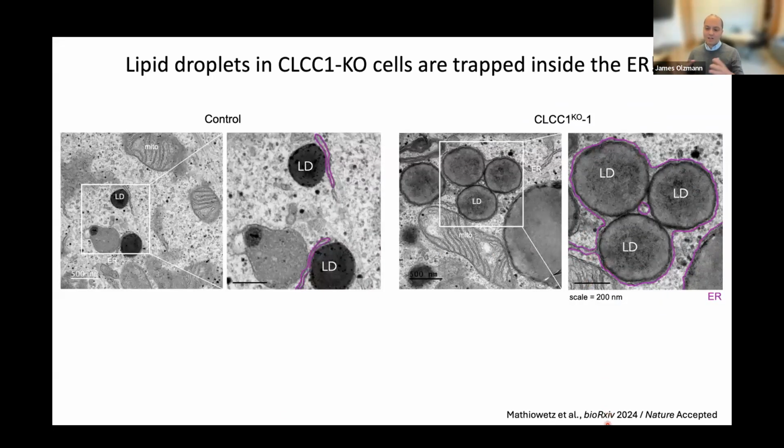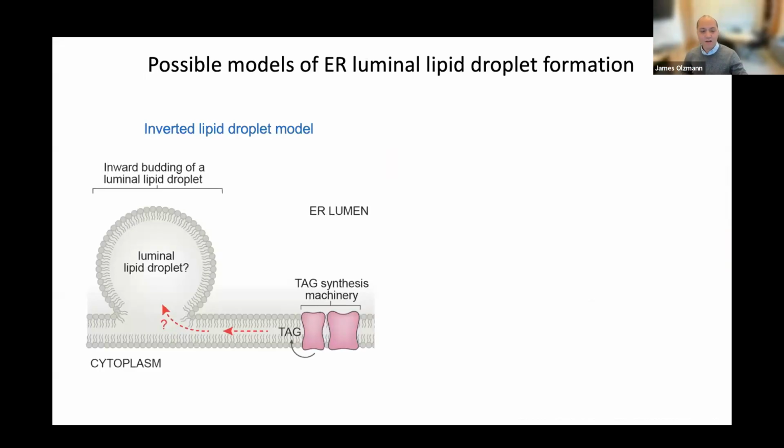And what this is telling us is those lipid droplets are in the ER lumen. They've gone the wrong direction. This really explains why they're so resistant to lipolysis, because the lipases can't access the droplet, because they're all in the ER lumen. And this also explains why we didn't see any canonical cytoplasmic droplet proteins, because these are in the wrong place. So we started to imagine how this might happen.